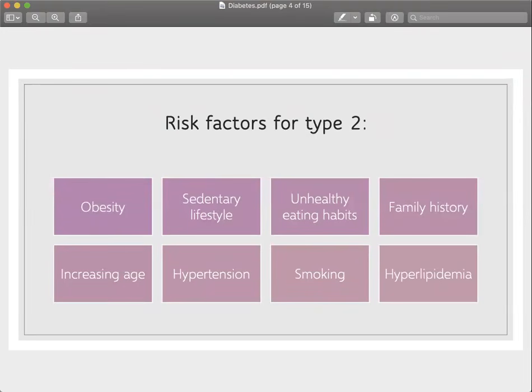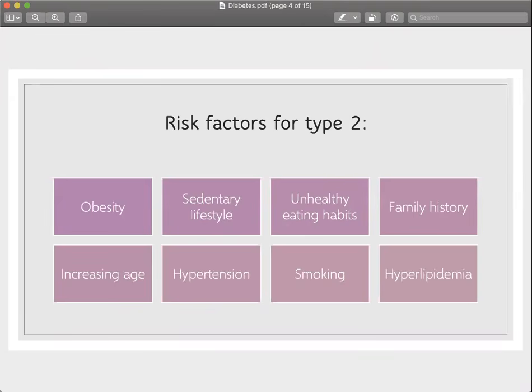At this point, we're pretty much going to leave type 1 behind and focus solely on type 2. And what are the risk factors for type 2 diabetes? Well, as we can see on the slide, there's definitely a lot, including obesity, sedentary lifestyle, unhealthy eating habits, and so on. But is there a pattern to this group of risk factors?